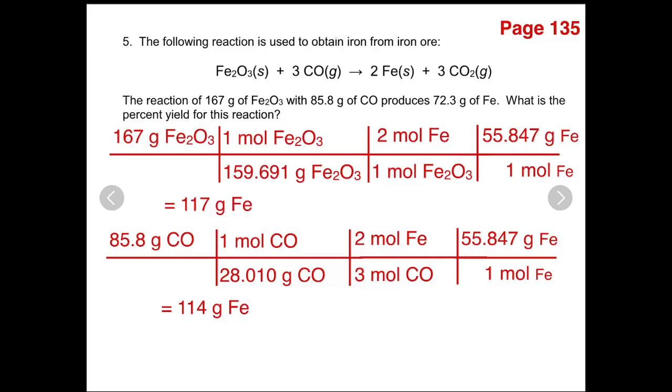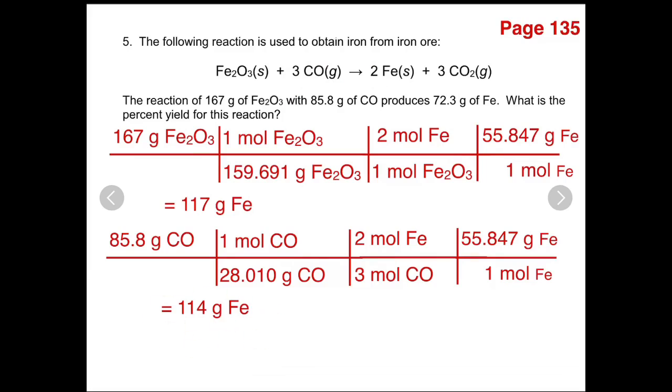Do the same thing with the second reactant, because you have to calculate for all ingredients. So do the same thing for the second reactant, carbon monoxide. Set up the same equation, except you need to change the ratio between these two. And you are going to get this much iron that can be made.